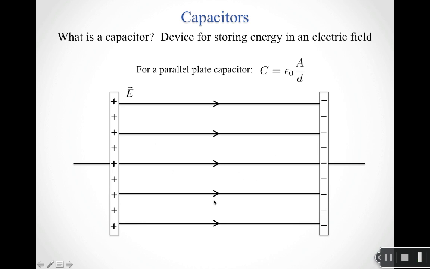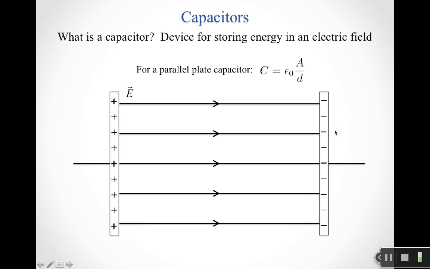So at the end of the day, the work I'm doing in moving around these electrons to store them on the plates as charges generates an electric field. That's where this energy is being stored, and as we'll see, we can get that energy back by discharging the plate.